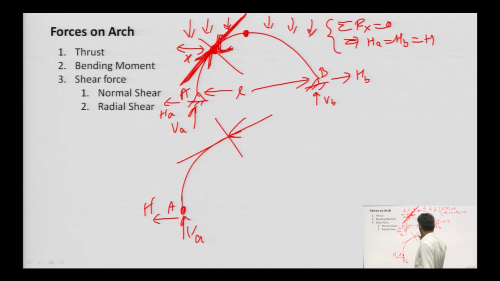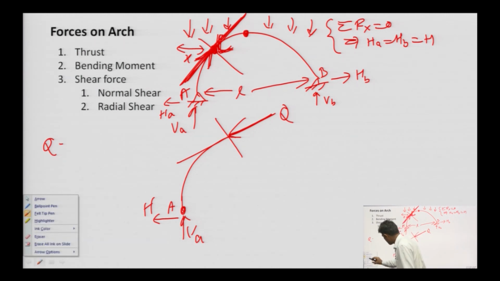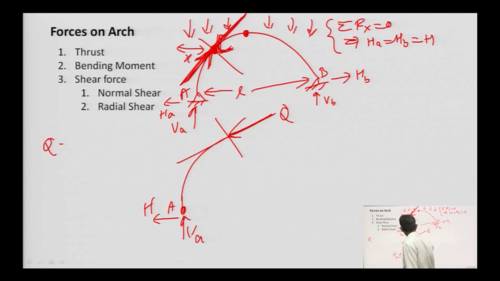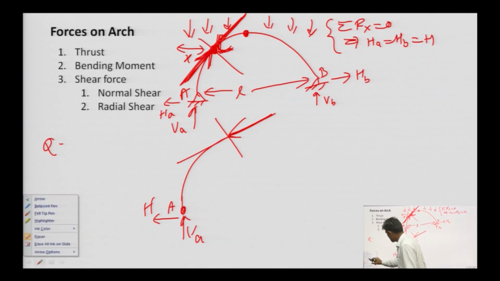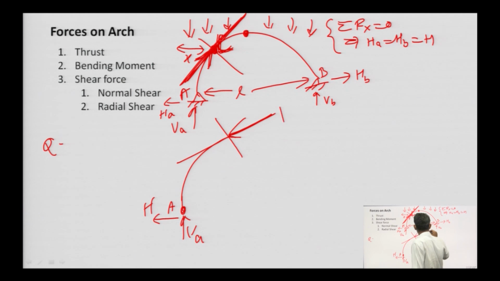So, this one force at this section, since it is normal to the section, say this is not Q, say this as N. If you write Q, nothing is wrong, but yes, write N. N is the normal thrust.